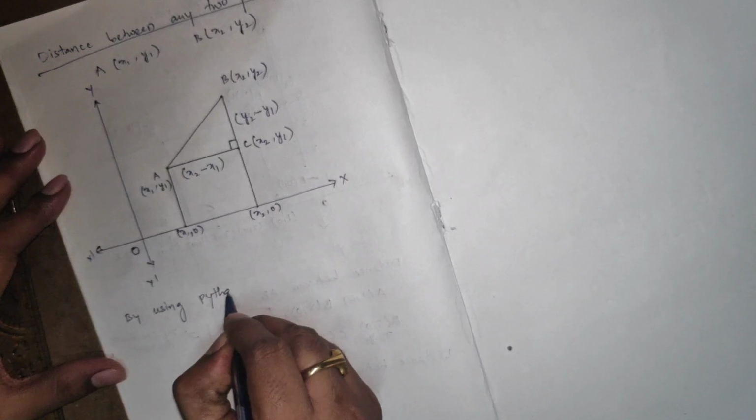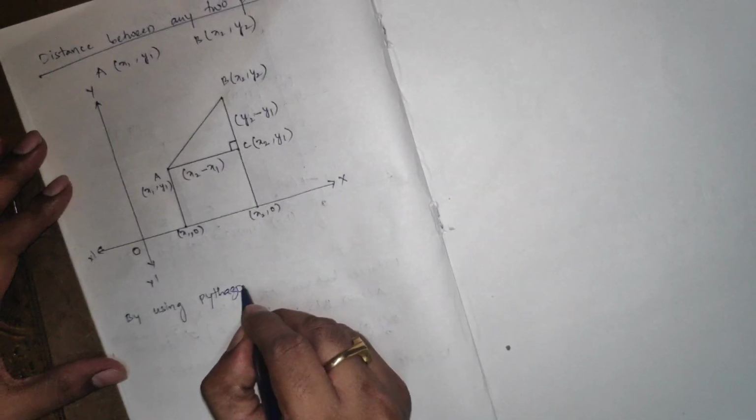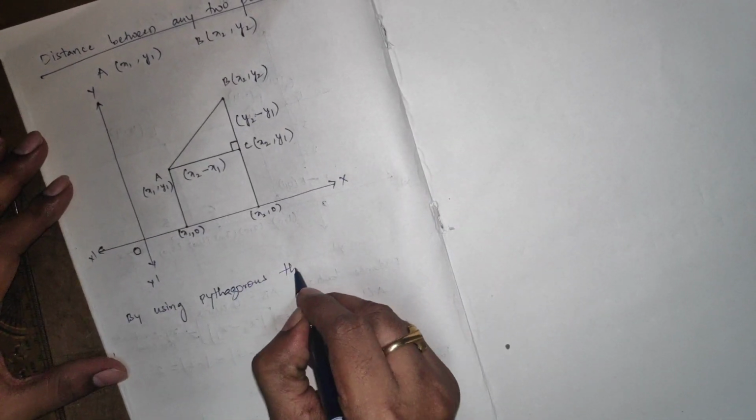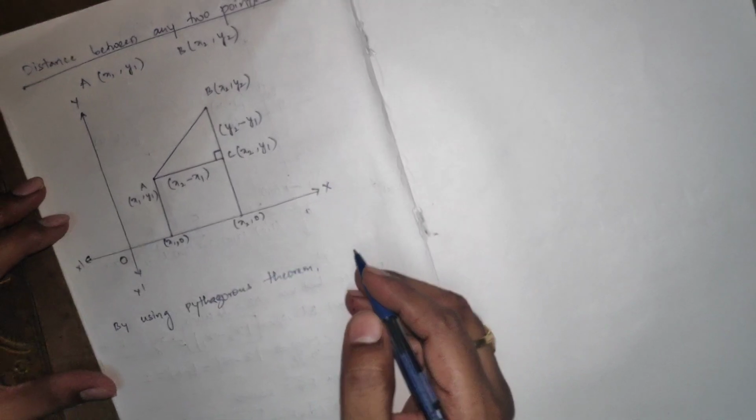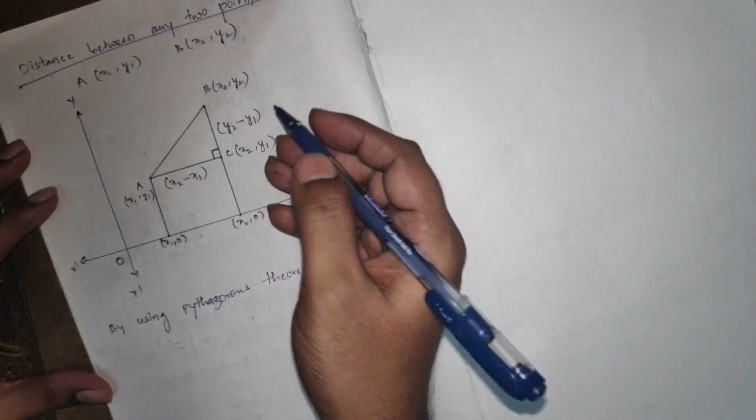Now by using Pythagoras theorem, we know that the Pythagoras theorem is the square of the hypotenuse is equal to the sum of the squares of the other two sides.